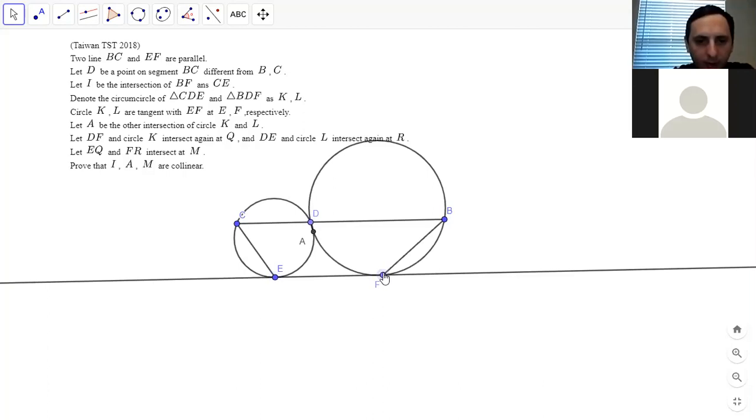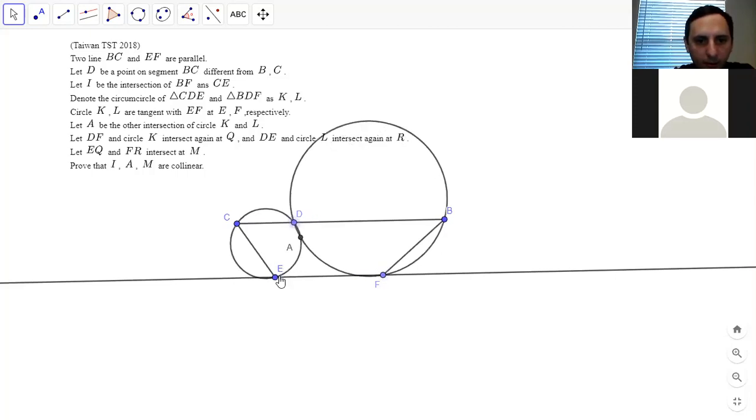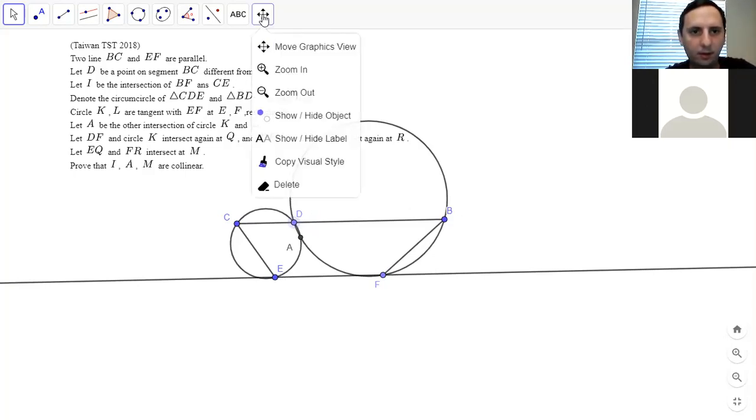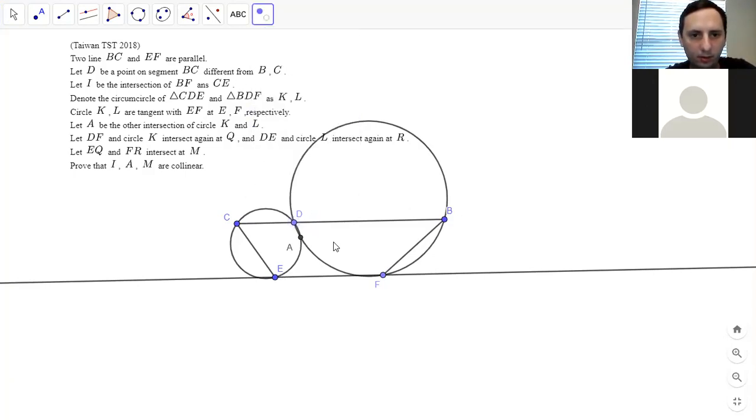Those are both tangent. We can draw E and F again. E is on the perpendicular bisector of CD, and F is on the perpendicular bisector of BD, basically. Okay, so I'm going to redraw the problem like that.